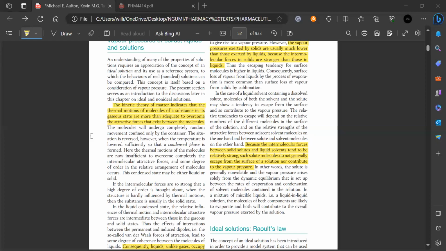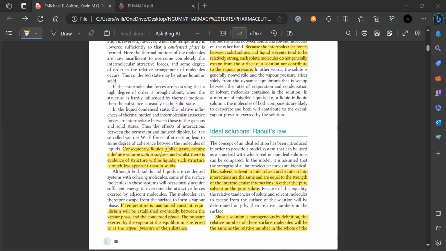That's why solids are usually together, liquids are less together, and gases are more split away, with larger spaces between them.